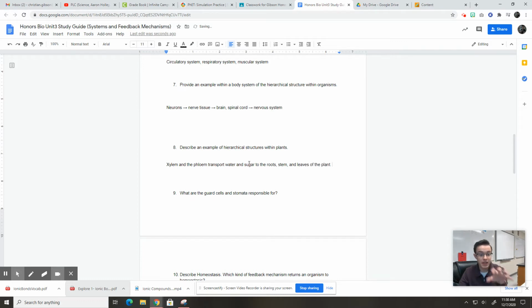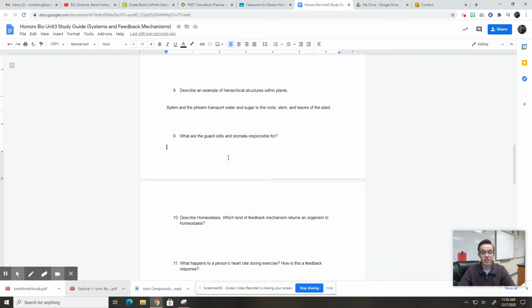So here you have individual tissues that are interacting to bring things to higher parts of the hierarchy. So roots, stems, leaves, those are organs of the plant. The root system is actually its own system. So there is just a practical example of the hierarchy within plants.